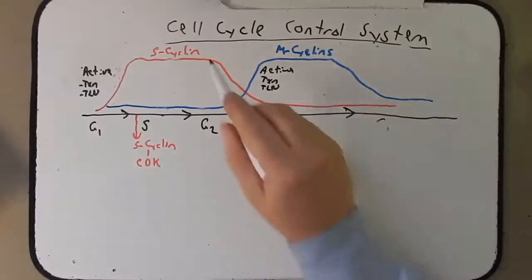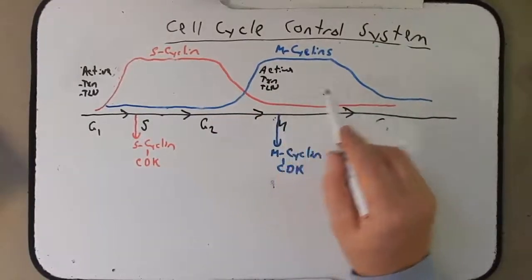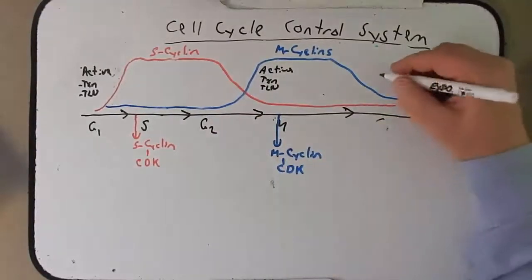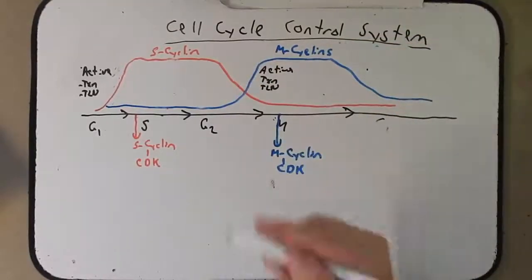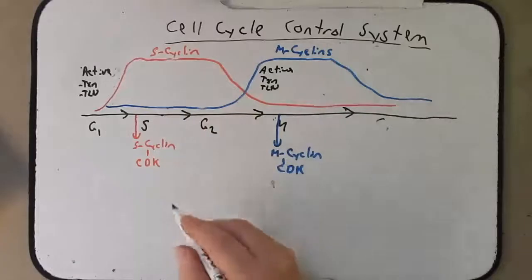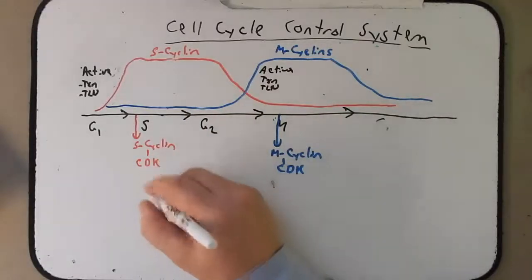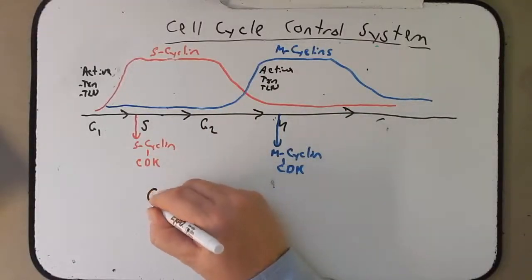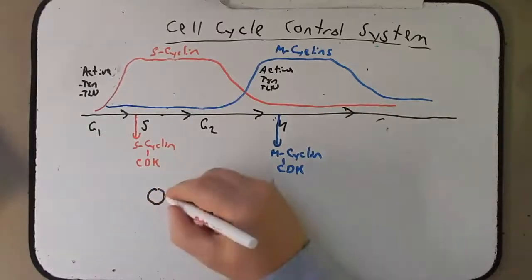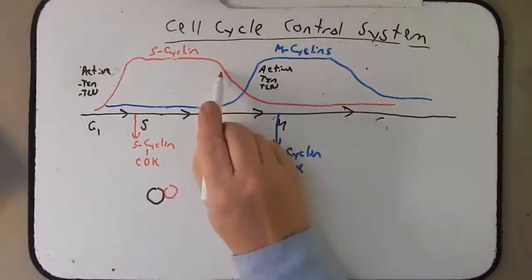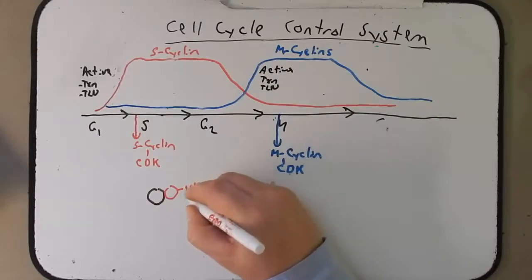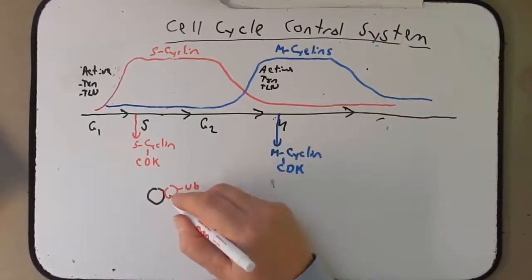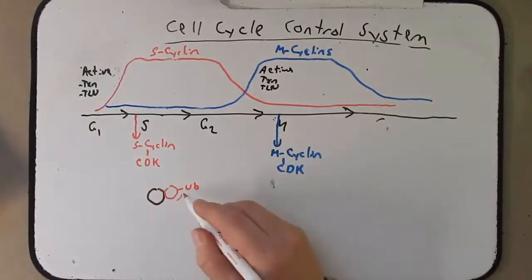We then see this big drop of S cyclin and of M cyclin. And what happens here in both cases, but I'll just talk about it with S cyclin and CDK, is you'll have your CDK here and your S cyclin activating it. As it begins to drop off, ubiquitin is added to this S cyclin.